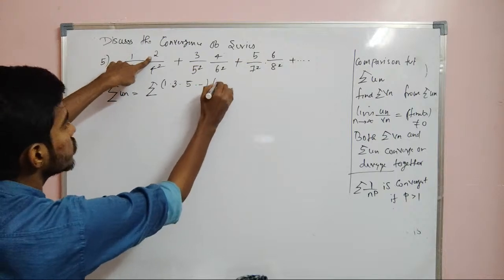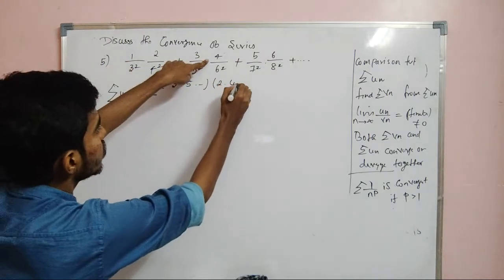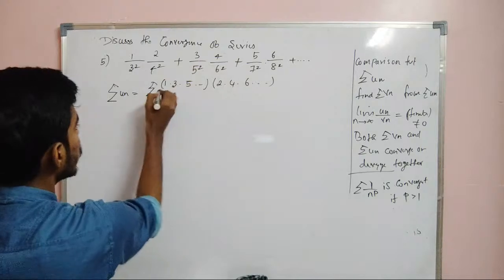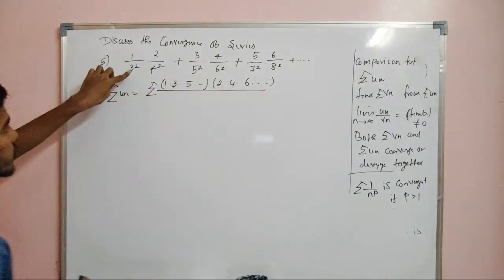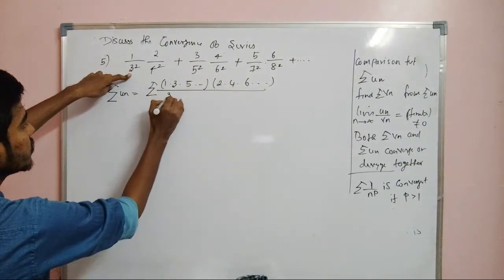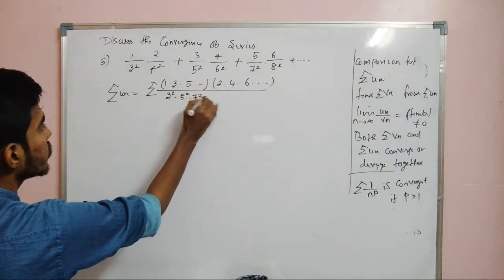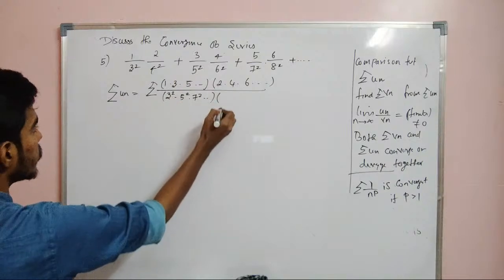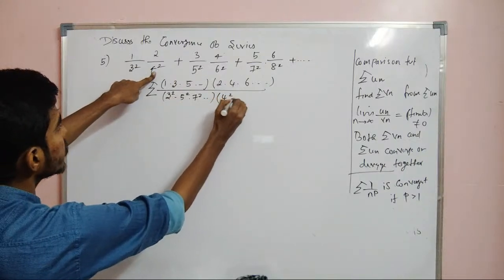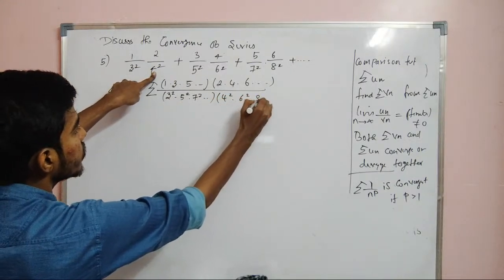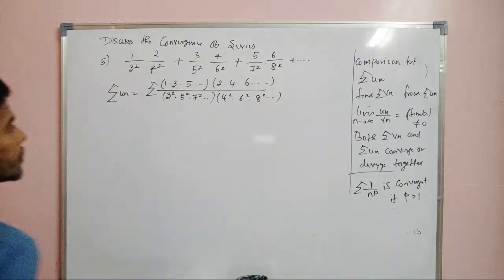And second term is 2, 4, 6, and so on, divided by, you get all the first terms here, 3 square, 5 square, and 7 square, and so on, and all the second terms, 4 square, and 6 square, and 8 square, and so on, right?